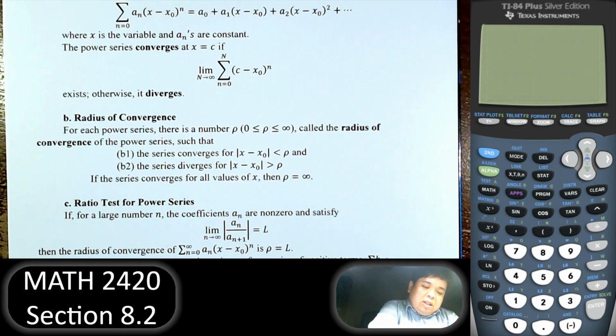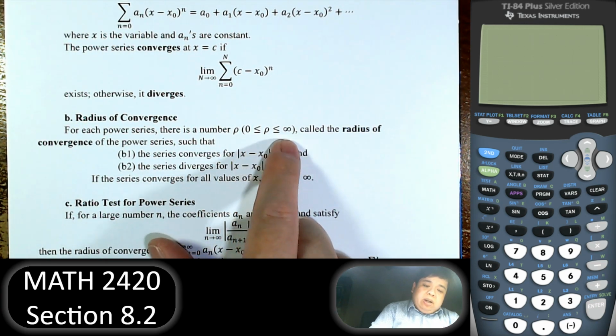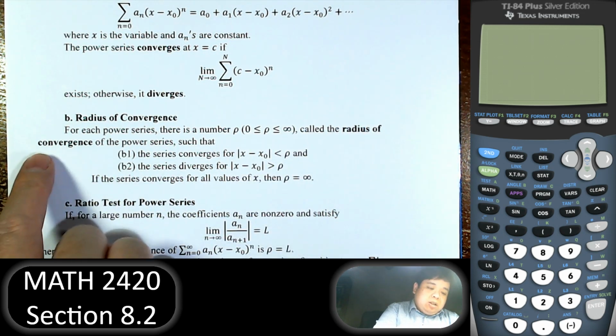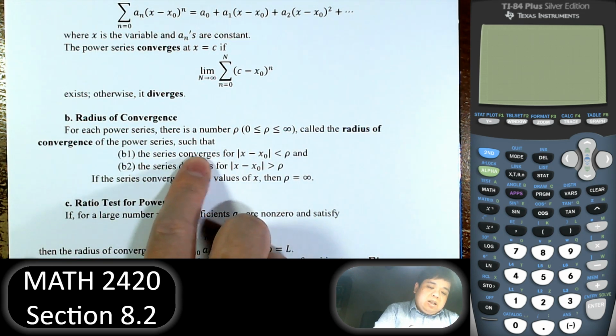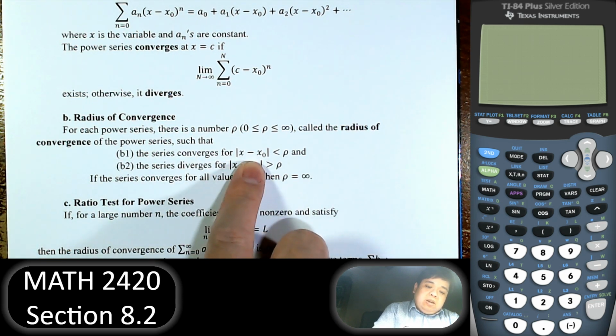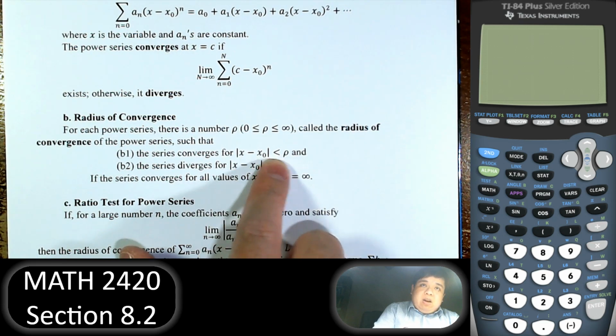Radius of convergence. For each power series, there's a number rho between 0 and infinity called the radius of convergence, such that the series converges when the absolute value of x minus x0 is less than rho.